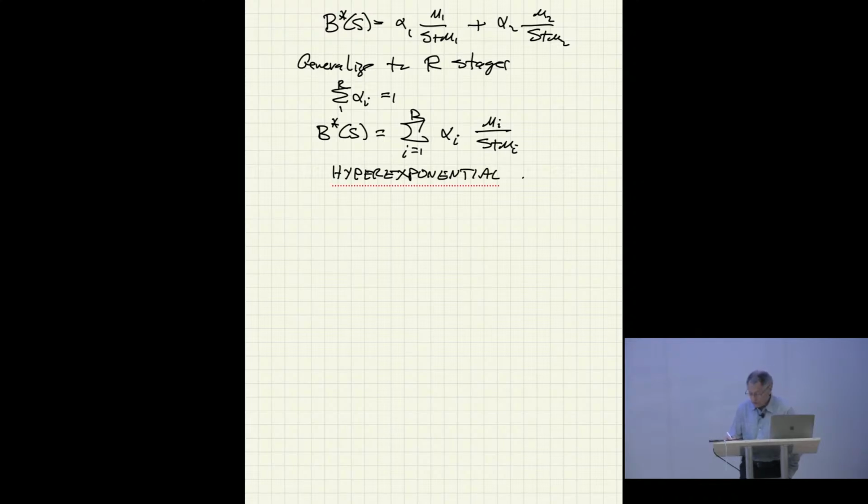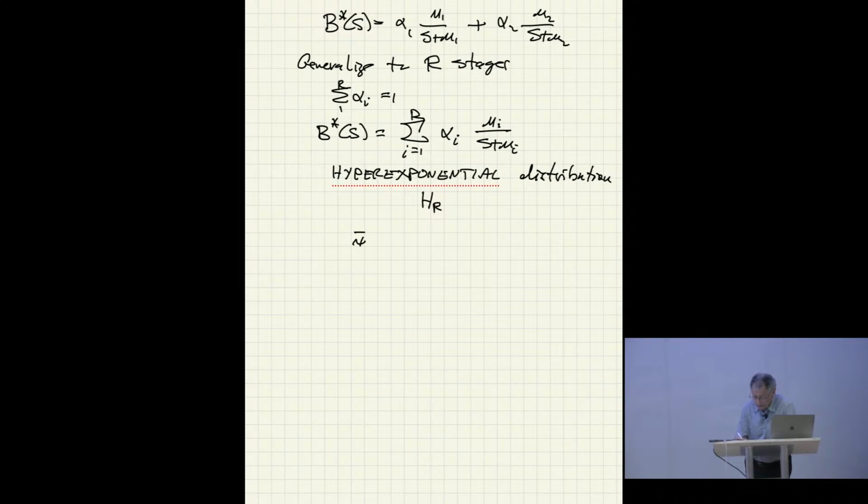And the symbol we use for that is capital H sub R. You used E sub R for Erlang, which is hypoexponential, H sub R for hyperexponential.